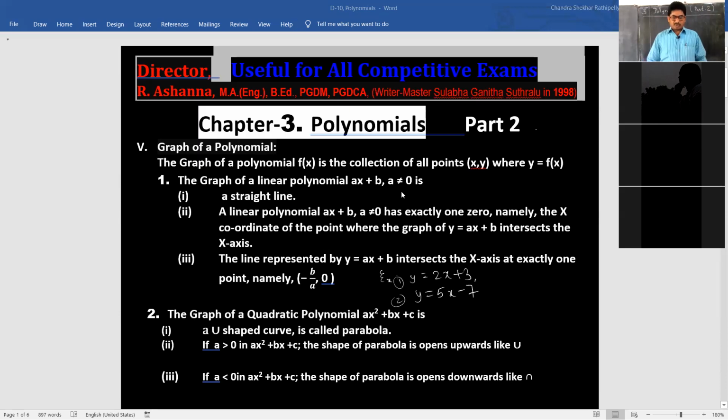Okay. Today we discuss more about chapter 3, polynomials. This is part 2, graph of a polynomial.